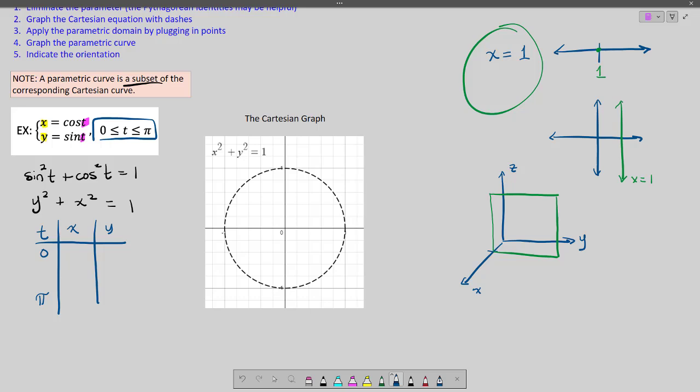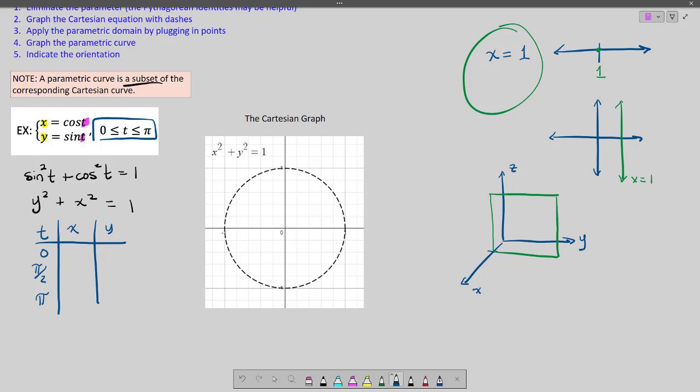And 9 times out of 10, you should also pick a number in between these to test a third point, especially if you have a closed curve. If you have a closed curve and you only plug in 2 points, there's no telling if you're going clockwise or counterclockwise if you just have 2 points. So we usually will pick 3 in most cases, but especially if it's a closed curve.